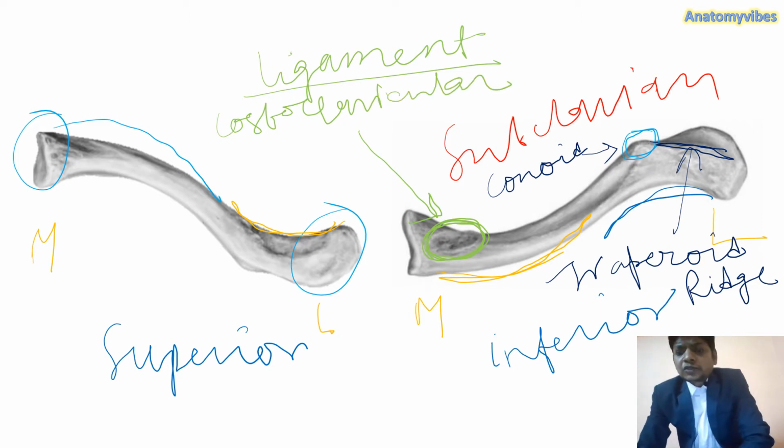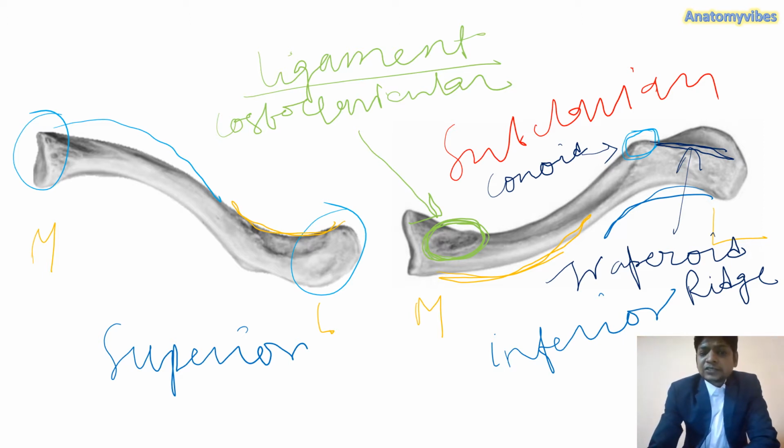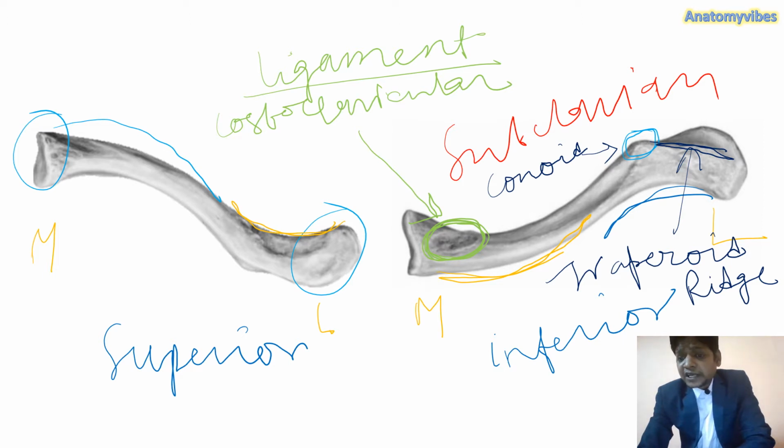So this is for the costoclavicular ligament attachment. So these are some of the features of the inferior aspect. Now you can clearly recognize which is medial, lateral, anterior, posterior, superior and inferior. So I hope you can now determine the side of the clavicle.